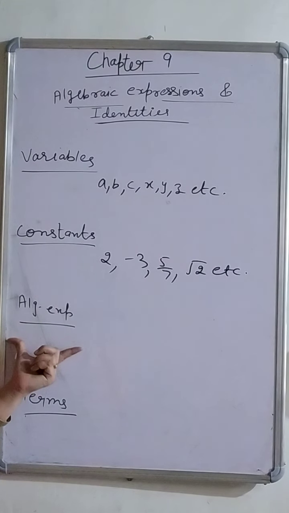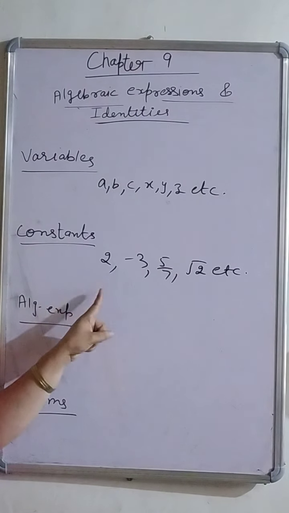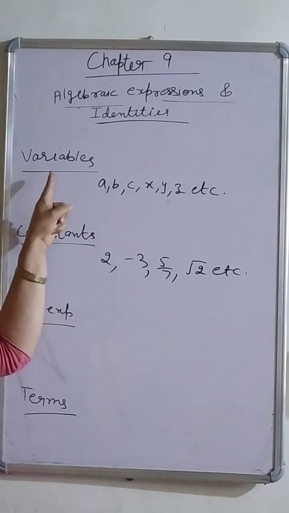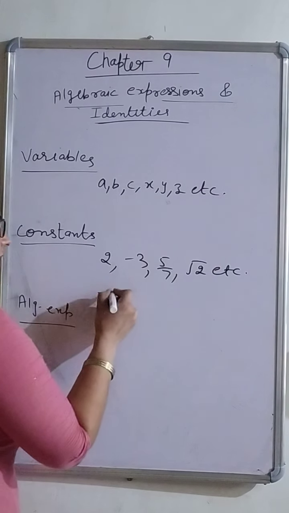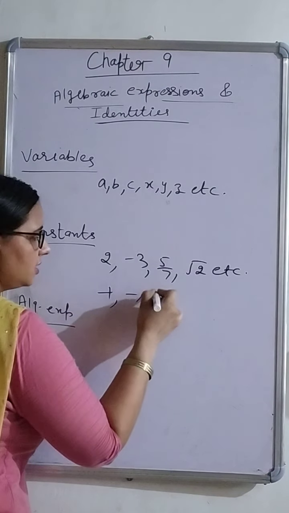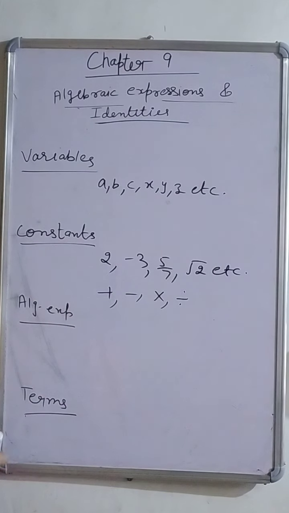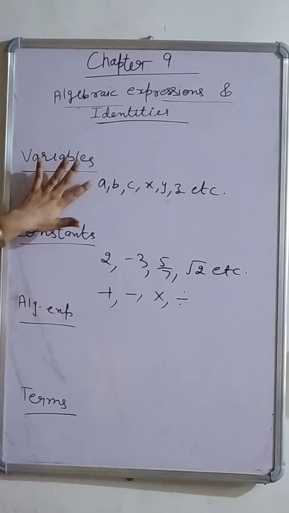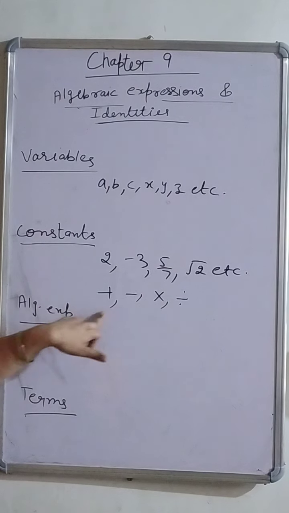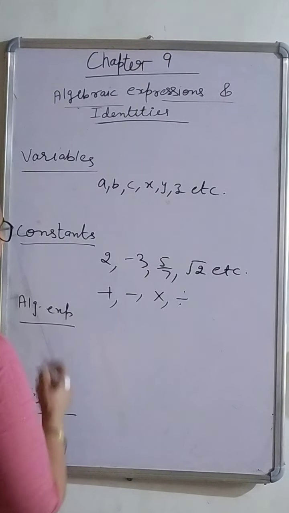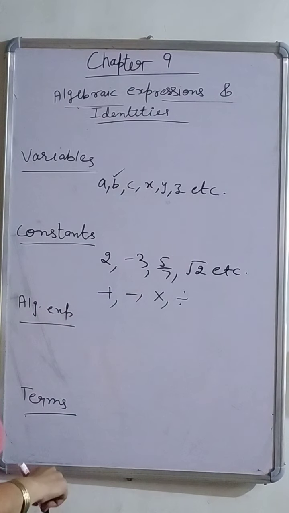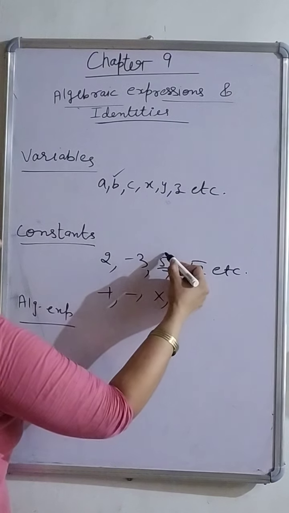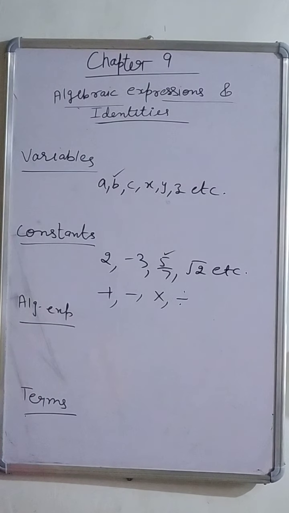Now, what is an algebraic expression? An algebraic expression is a combination of variables and constants. We join variables or constants with arithmetic signs: plus, minus, multiply, division. If we combine variables and constants with these signs, then we get an algebraic expression. Suppose we take variable b and constant 5 by 7.